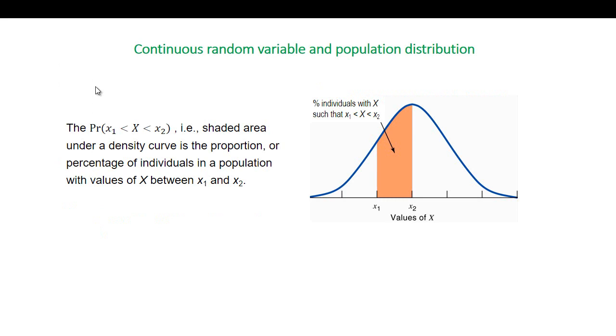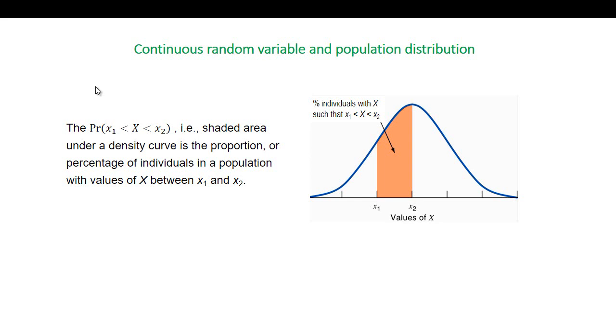So the probability that x is between x1 and x2, that is the shaded area under a density curve, is the proportion or percentage of individuals in a population with values of x between x1 and x2. So here's what I mean by that. Again, think of x as, let's say we are studying the height of a population, and so x represents height.